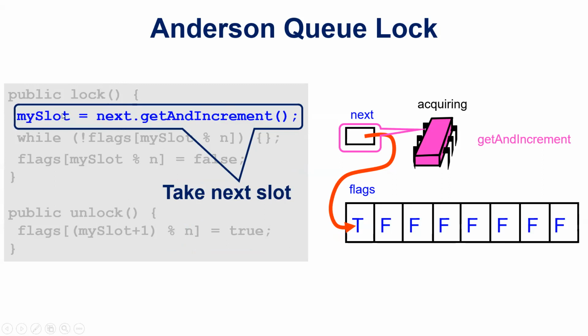In my slot, it will store the 0. Get and increment first gets the next value, which is stored in my slot, and after that it increments the next value by 1. Initially, next is pointing to the 0th position. Whenever we perform this operation, the next pointer will simply point to the next location.